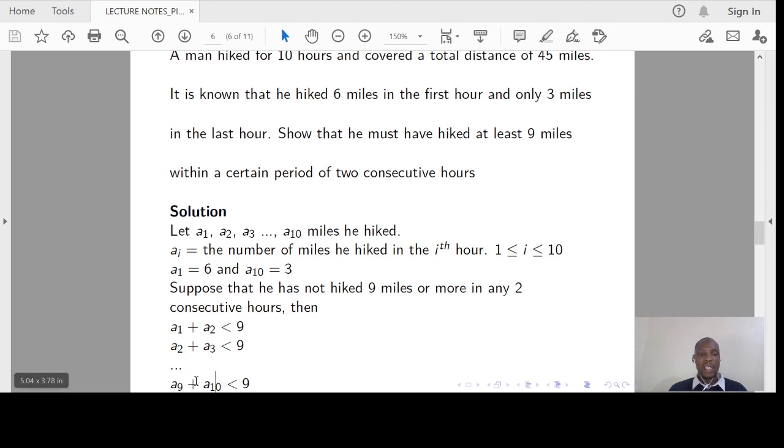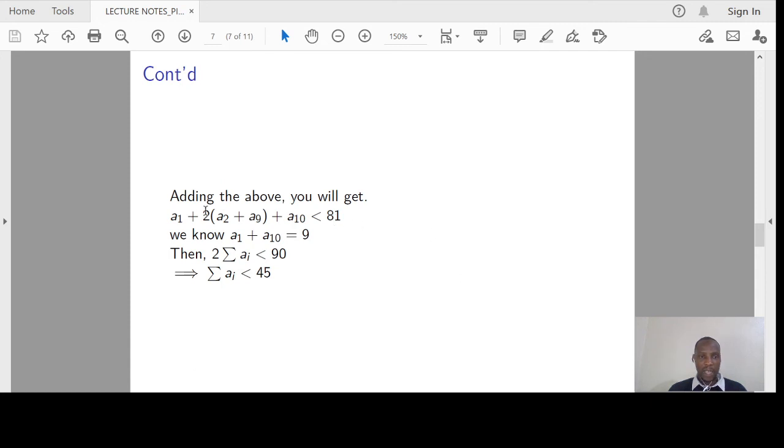And how many inequalities do we have here? There are 9 of them, and therefore on the right side we'll have 9 times 9 to get 81. That's what we are getting on the last part here: A1 plus 2 into bracket A2 plus all the way to A9, plus A10, is less than 81. We know A1 plus A10 is equal to 9.